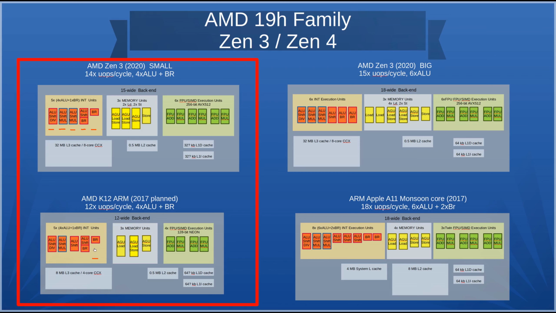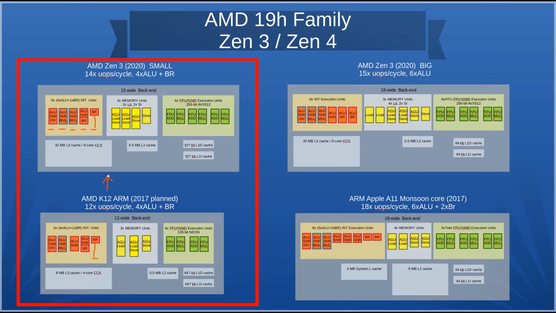So it could be related to the AMD K12, because the AMD K12 was a bigger beast in terms of IPC than the Zen 1, even though it was a sister core. So Zen 3 could be based on the AMD K12 architecture, and the AMD K12 was 5 wide. So this is one suggestion of what can happen.